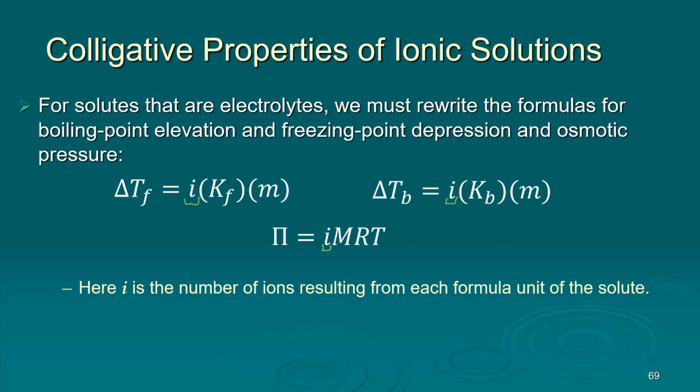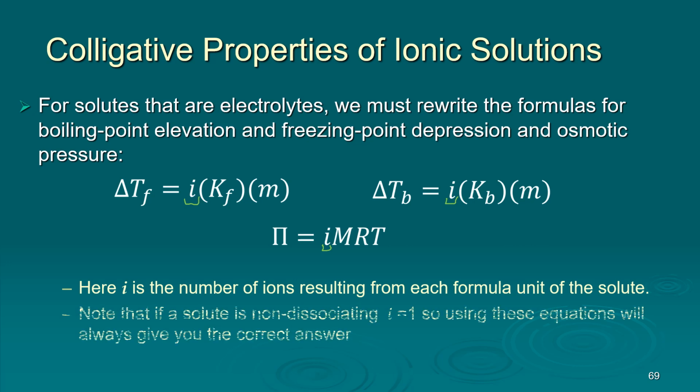So we have to multiply. Like if it's NaCl, the pi will be twice as much because the total concentration of particles will be twice as much, since it breaks into two pieces. So you have to know what that number is. If you see that a solute is non-dissociating, like glucose, ethylene glycol, or benzene, which are all the ones we've used so far, then i just equals 1.